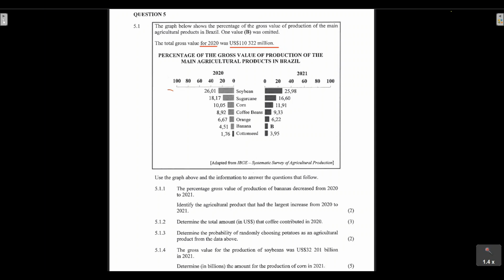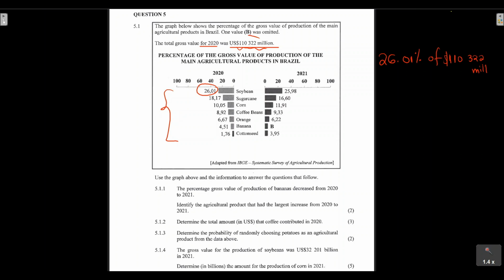So for producing all these products, Brazil actually made 110,322 million US dollars. To determine how much exactly they made from the production of the soybeans, we're going to use that percentage. So we know that 26.01% of that 110,322 million is going to give us the value for the soybeans.